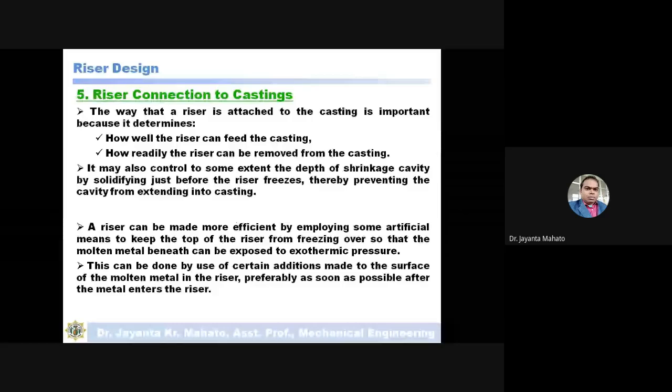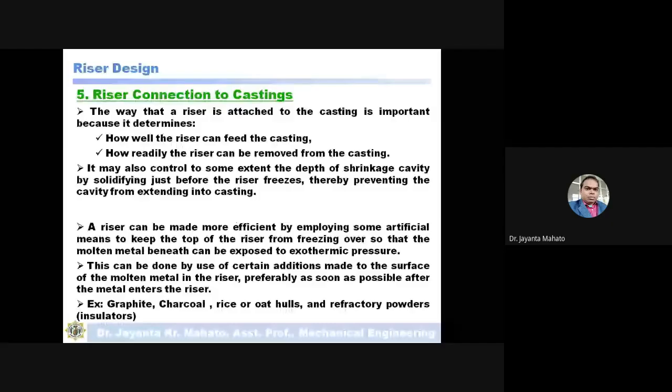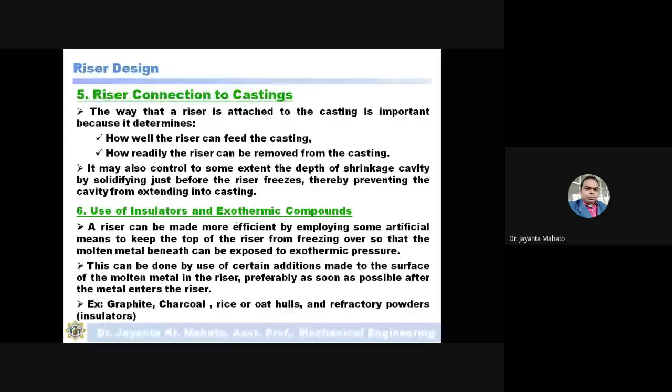This is actually the sixth one: the use of insulators and exothermic compounds. These insulators and exothermic compounds are used mainly at the top of the riser, and by using them the riser can be made more efficient.